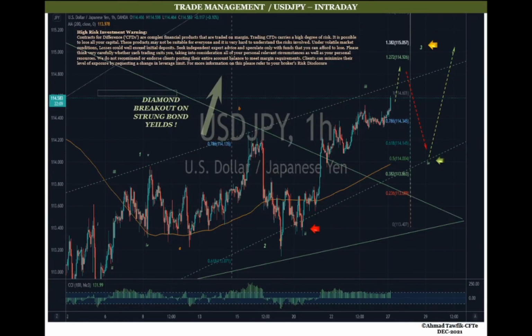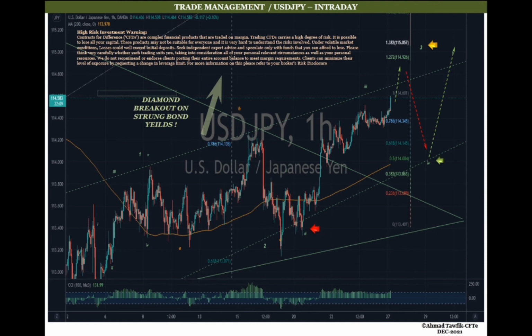So entries are again swing and intra-week trades. We would want to buy 113.9, 114, 114.10. These three levels here at the moving average on a correction down at that green arrow. We take this to 115 and then we close the trade maybe sometime next year.